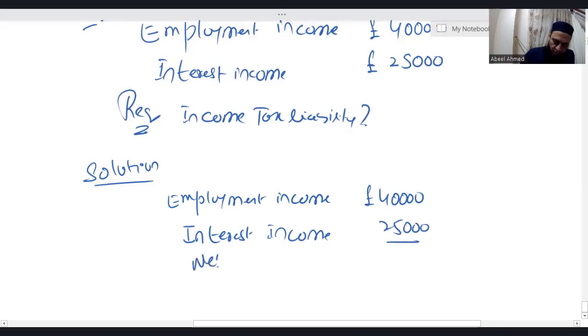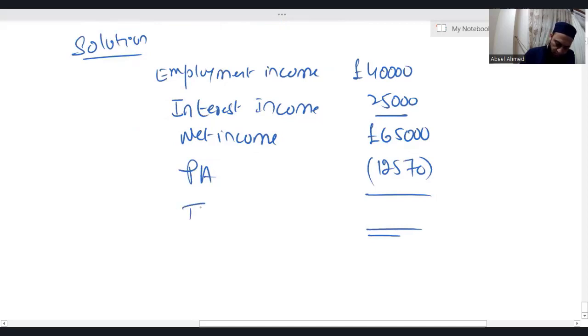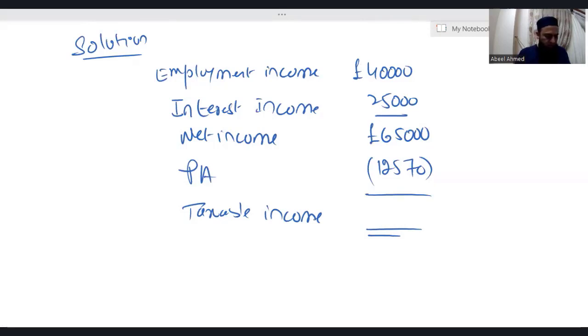Simply add, you will get net income 65,000, minus the personal allowance 12,570. We're getting taxable income. Let me use my magic calculator. 65,000 minus 12,570 gives us 52,430. So the taxable income is 52,430.